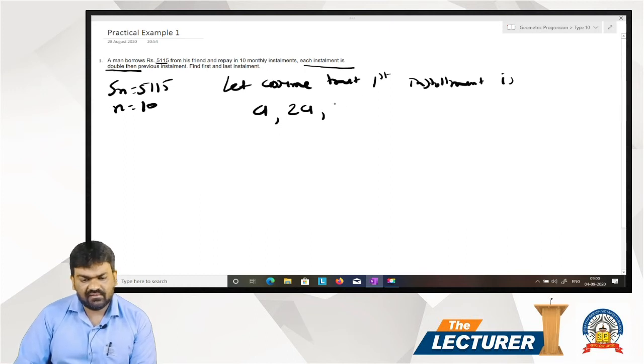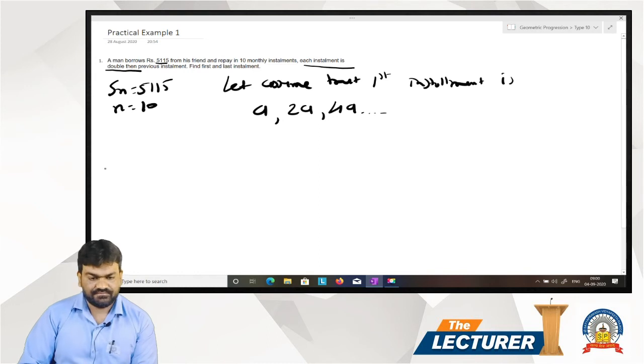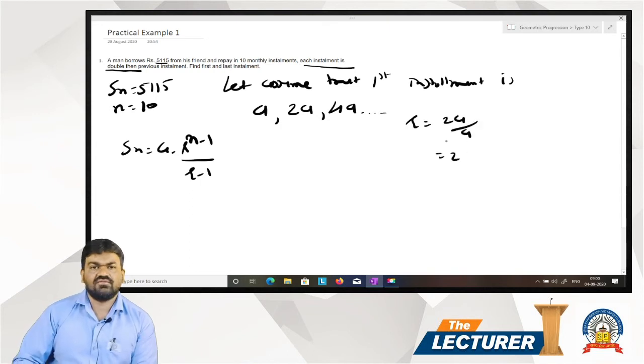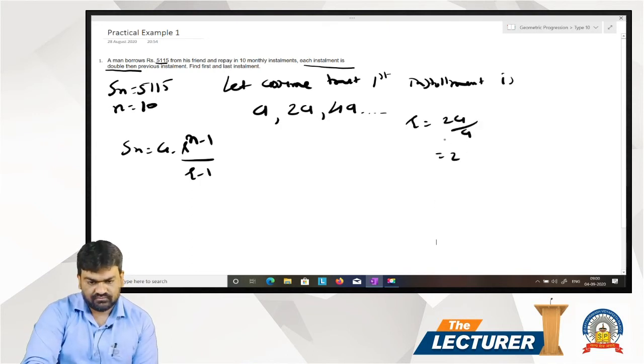Third installment is 4A. Okay. We have to find out first and last installment. Okay. So Sn is equal to a r raised to n minus 1 divided by r minus 1. What is r? r is equal to 2a divided by a, that is 2.